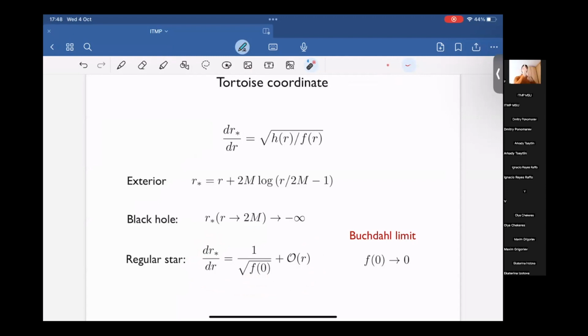So when that goes to 0, which is the Buchdahl limit, this thing goes to infinity, such that again the range of the tortoise coordinate opens all the way on the real line. In other words, the physics of the geometry of the near-horizon region of a black hole is very similar to the physics happening near the origin of a star that is approaching its Buchdahl limit.